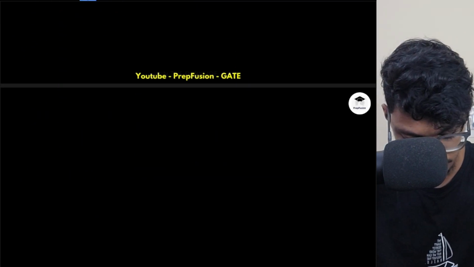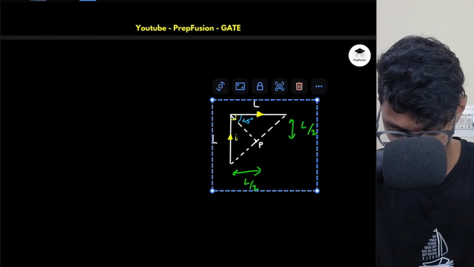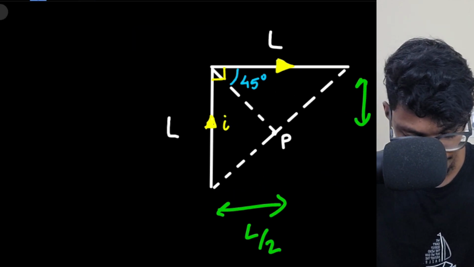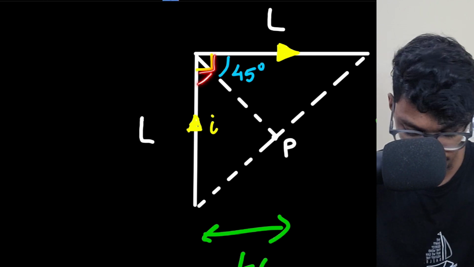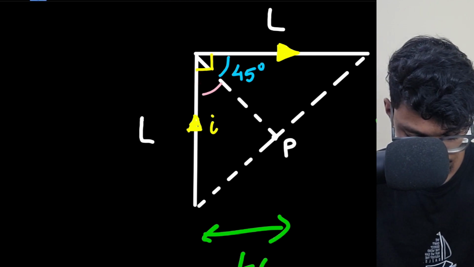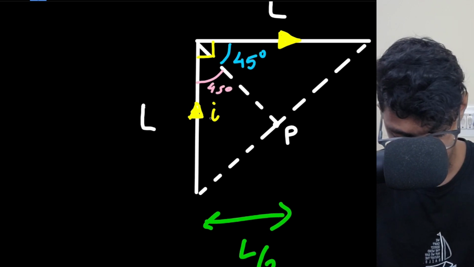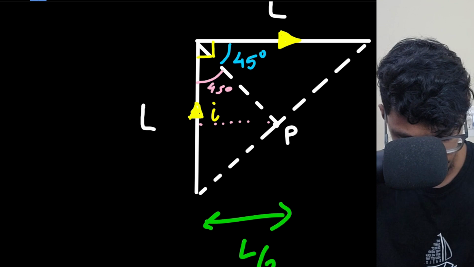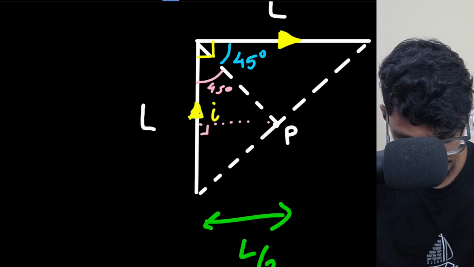I will just show you how the geometry is working. What is happening is this angle will be 45, right? Because this overall is 90. Now if I draw a perpendicular here, this angle is 90 and this angle is also 90.